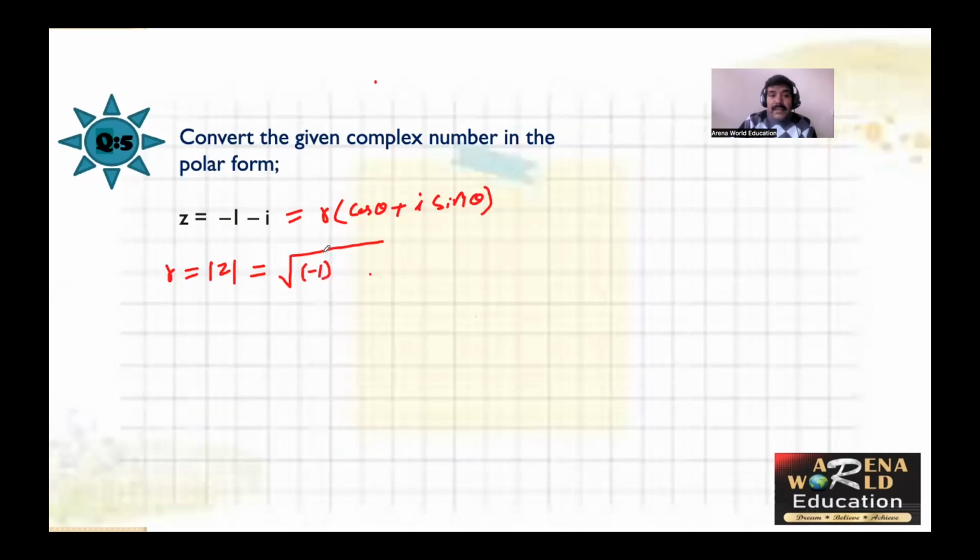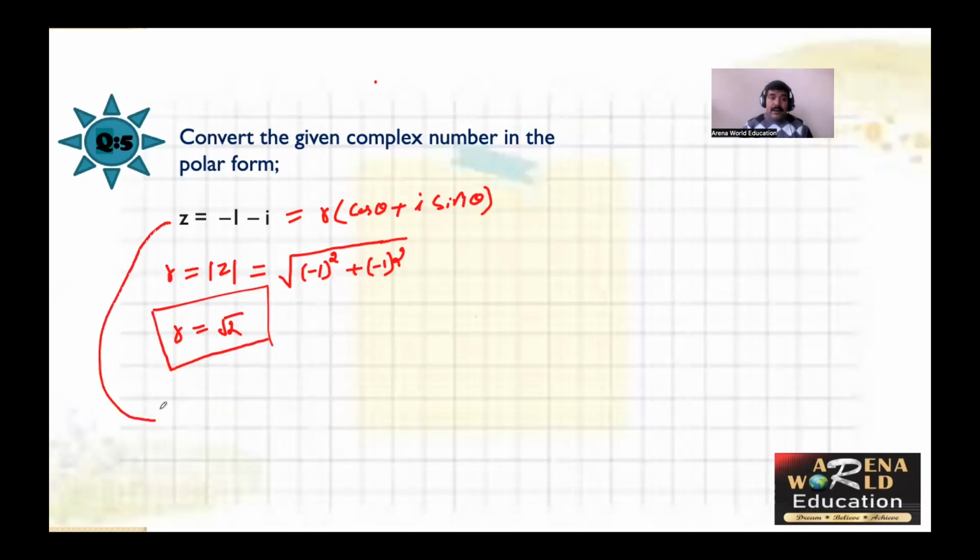Real part is -1, so -1 square plus imaginary part is also -1, so -1 square, right? So -1 square, it is 1, 1 plus 1, it is 2, right? So r will be what? Under root 2, right? Now we will find the value of theta. Theta is what?